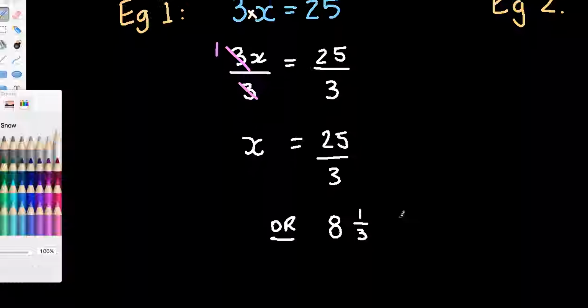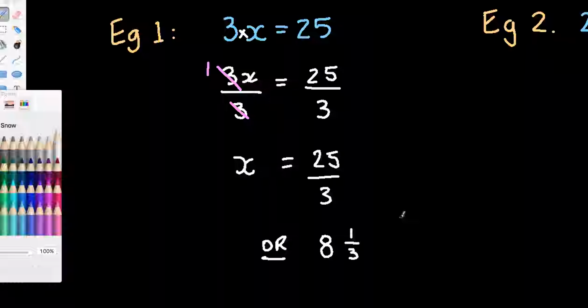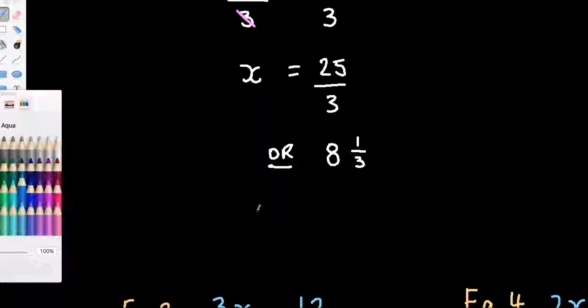Now, whenever you are solving, you can always check your result, and that's what I'm going to do quickly now. This one's not as nice a one to check, but I was told that 3x had to equal 25. So if I look at my answer, 25 over 3, is 3 times 25 over 3 equal to 25?